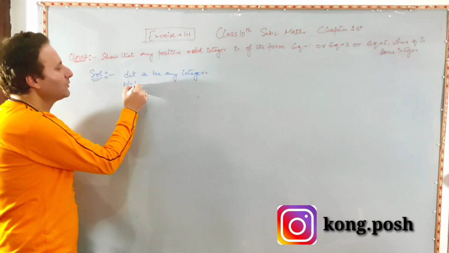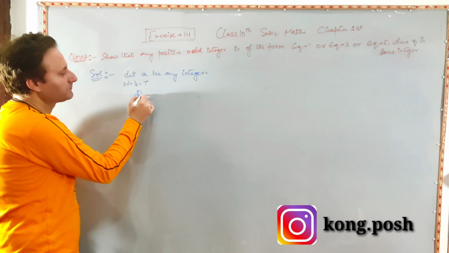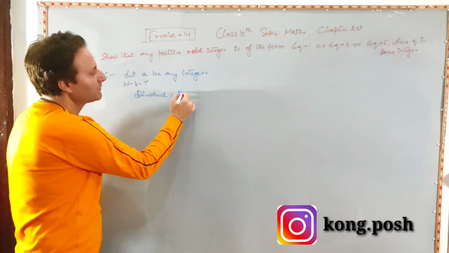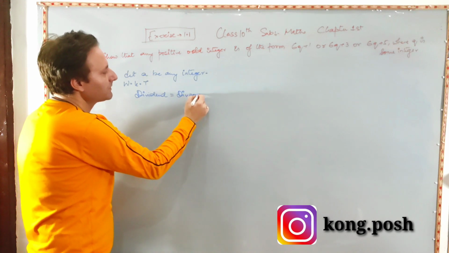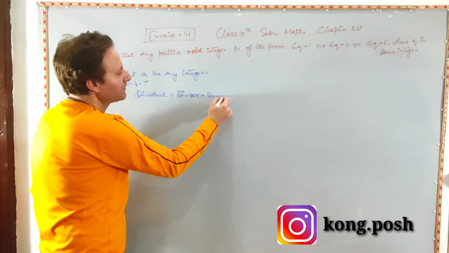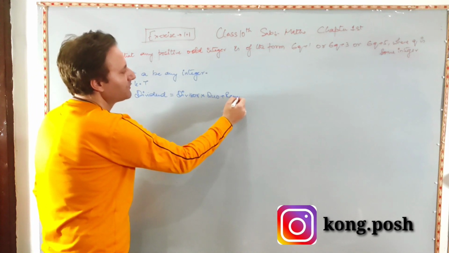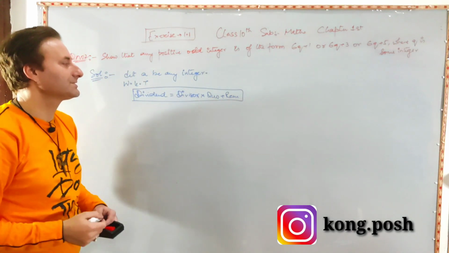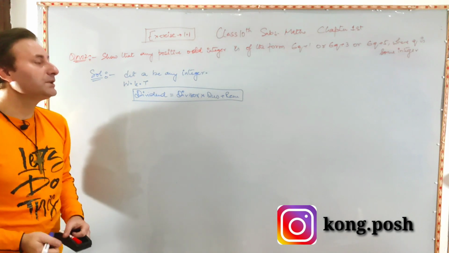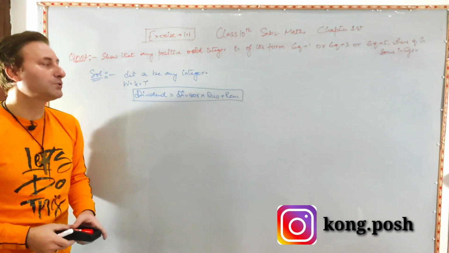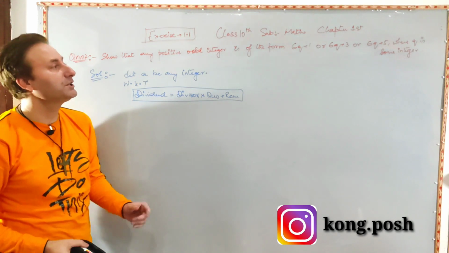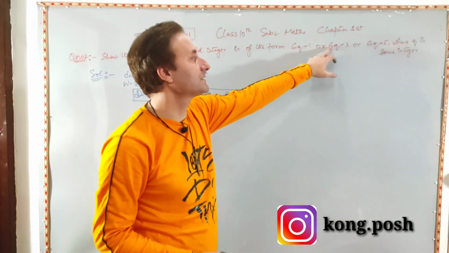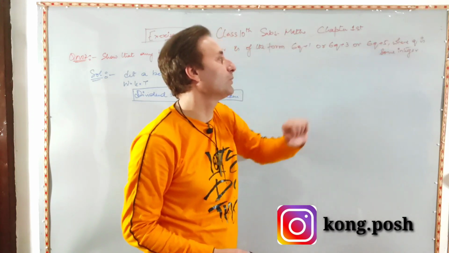We know that dividend is equal to divisor into quotient plus remainder. We just used it in our previous question, question number 1. So this is the same thing. Dividend is equal to divisor into quotient plus remainder. One thing we need to see here, we have a 6 here, a 6 here, and a 6 here as well.